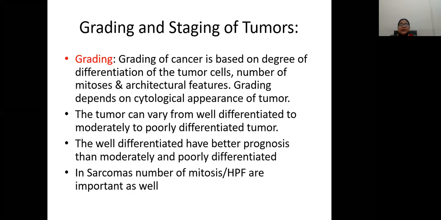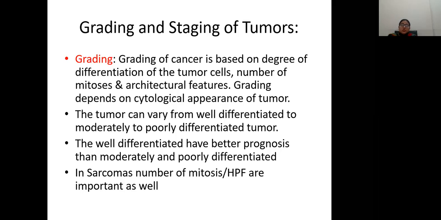And we also know that there is a main role of genes: proto-oncogenes, tumor suppressor genes, genes that control apoptosis, and repair genes. Clear? So now we are starting with our new topic, that is grading and staging of tumors.